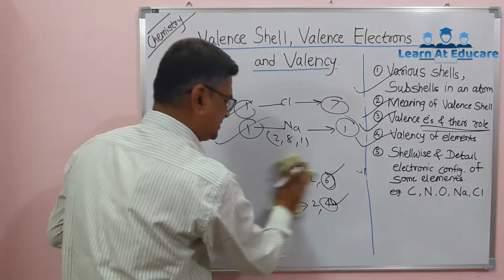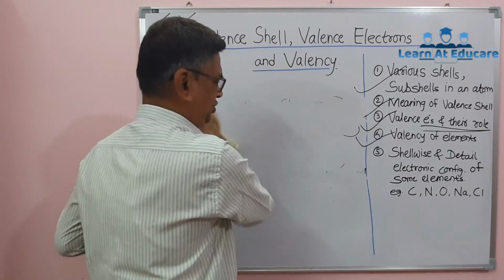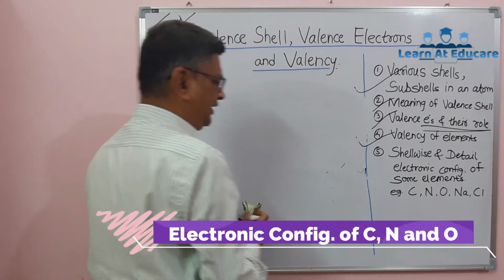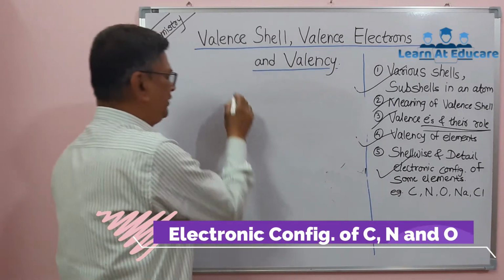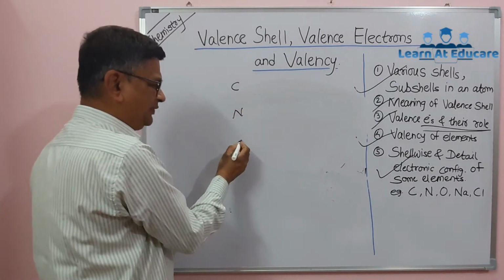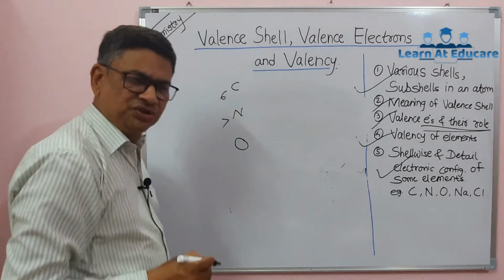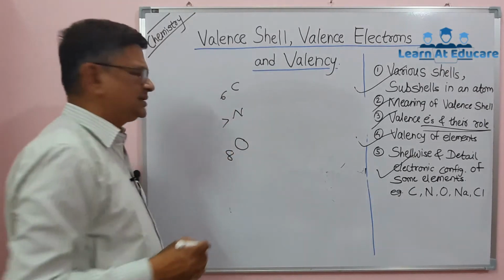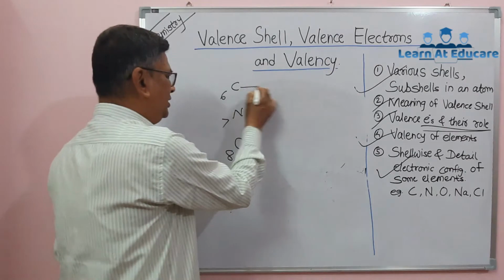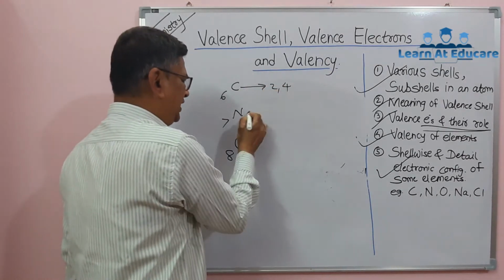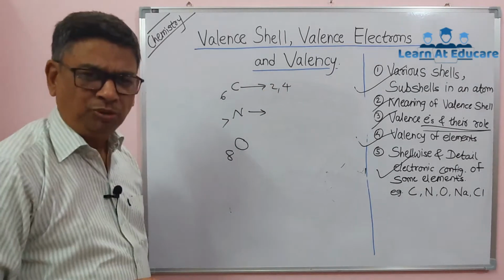Now we will deal with the shell-wise and detailed configuration of some elements. We'll take a few examples in order: carbon, atomic number 6, nitrogen, atomic number 7, and oxygen, atomic number 8. Carbon has the shell-wise electronic configuration 2, 4.